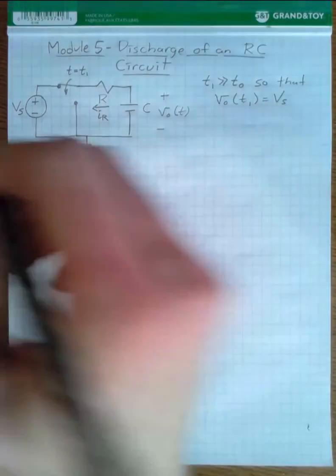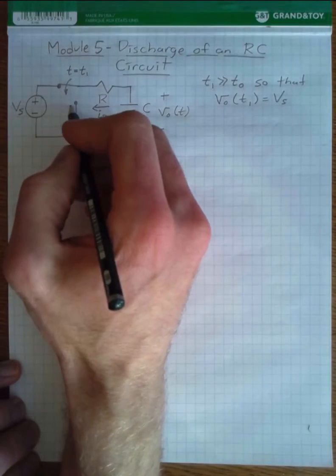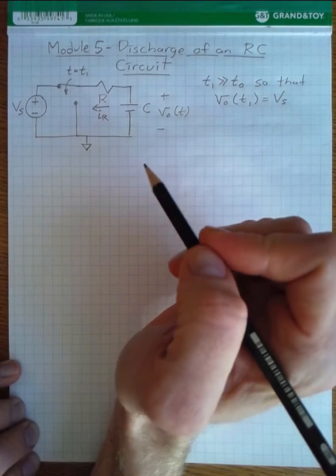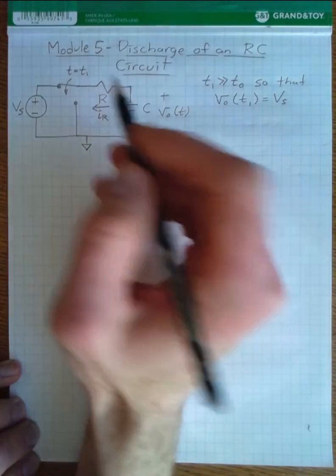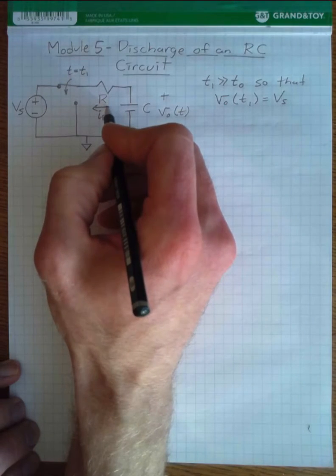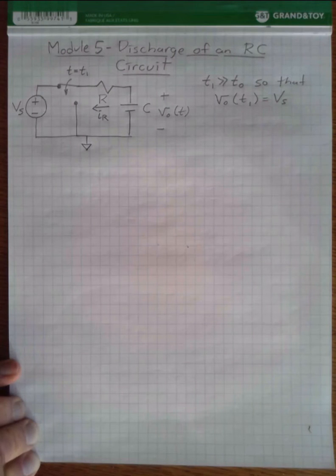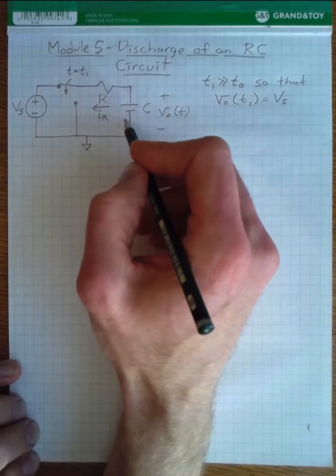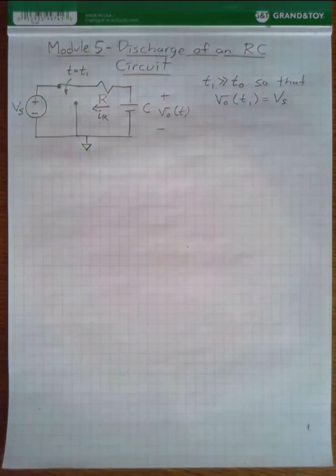Once we flip the switch, the positive voltage across our capacitor is going to cause a current to flow through the resistor in this direction from right to left. And what we want to do is figure out how this affects the voltage across the capacitor as it discharges through the resistor.